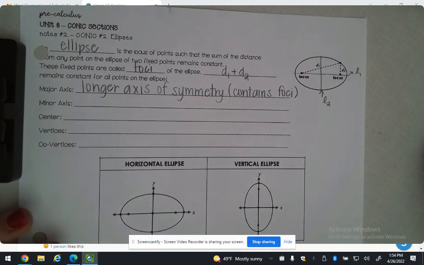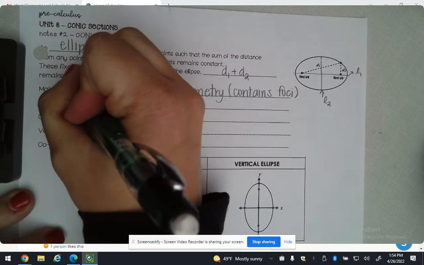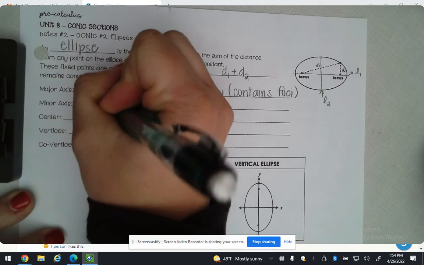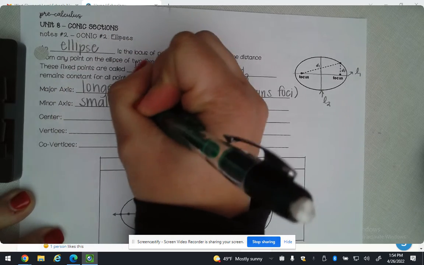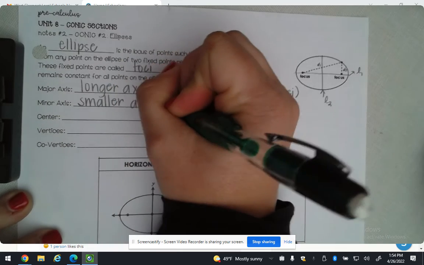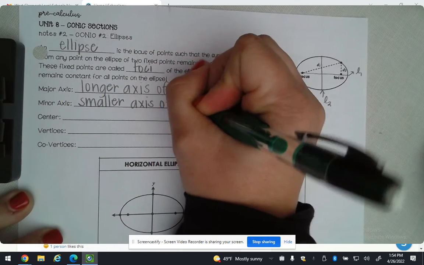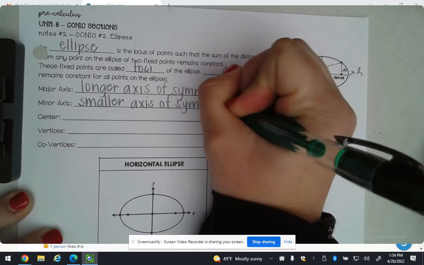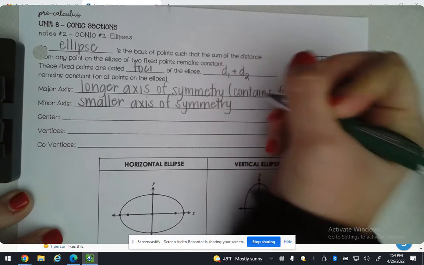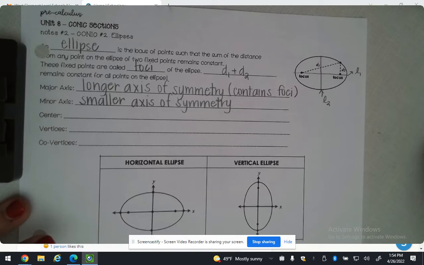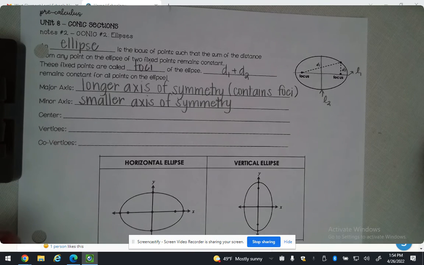That's your major axis. Your minor axis is your smaller axis of symmetry. Are the foci ever going to be on my minor? The answer to that is never. Okay? They're always going to be on my major, never on my minor.